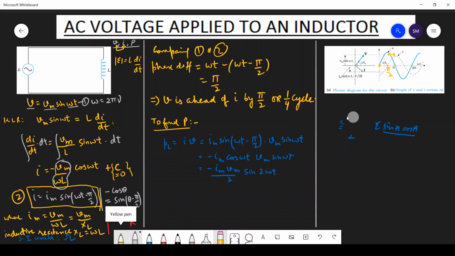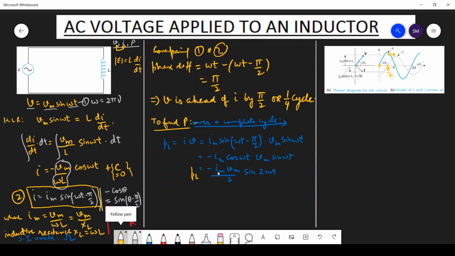Now I want to find the average power over a complete cycle. So this was my target. Now this is your PL.